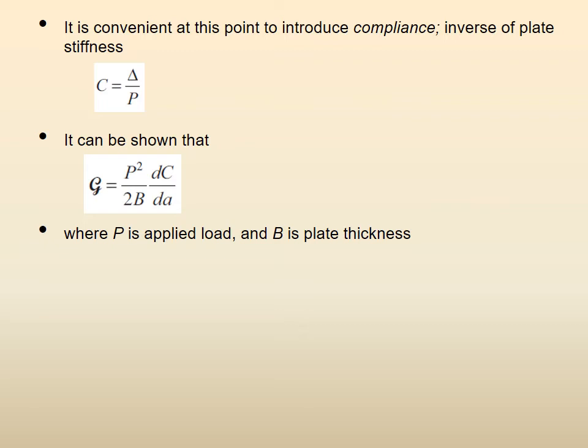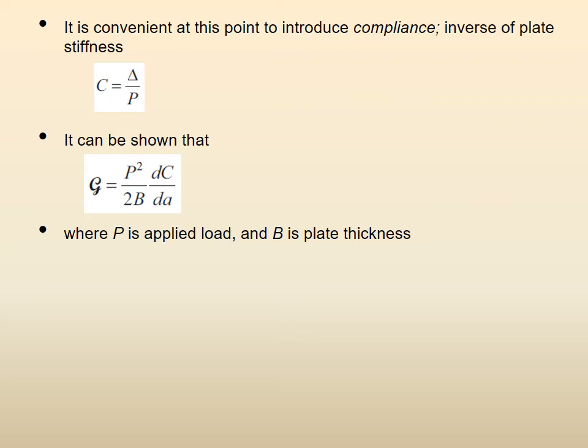So the stiffness is F upon X, right? F upon delta. So P upon delta is the stiffness of the material. If you take 1 upon that, if you define delta upon P, it is in structural engineering called compliance, and here we call it C, the compliance. So this is just an earlier thing, we are just showing you.